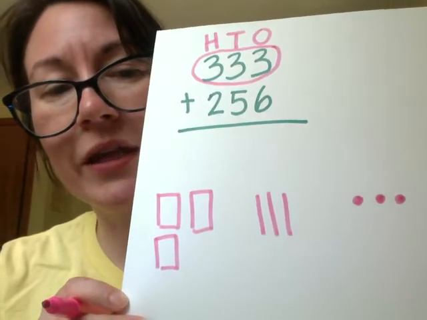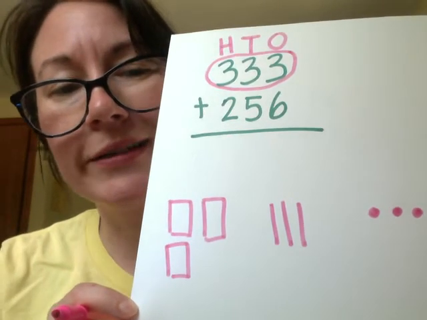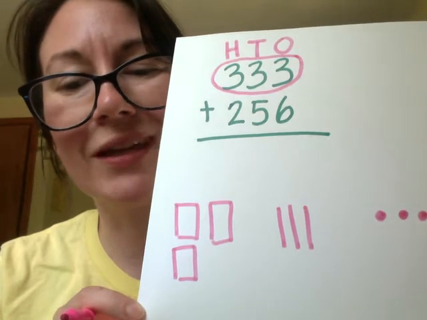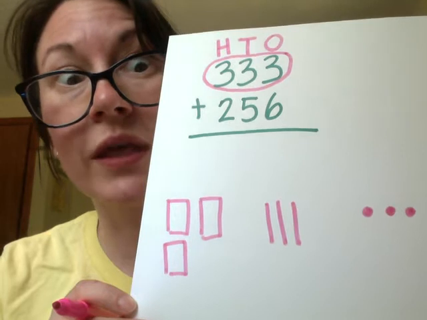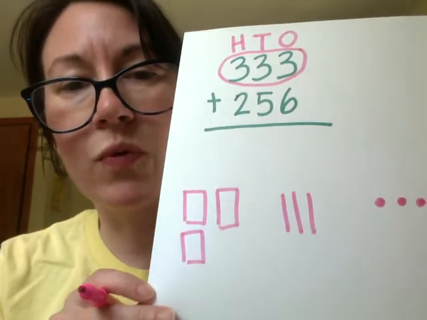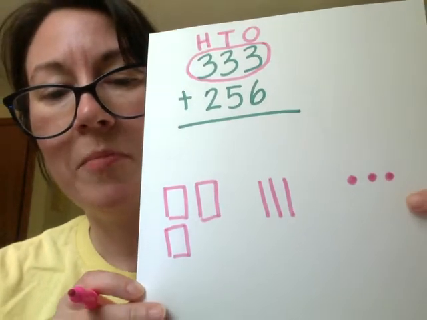All right, step 1, mark my HTO, circle the bigger number. Step 2, make a model. I modeled my bigger number. Step 3, do the math. Let's see, am I adding or subtracting? I'm adding. So am I going to put more on or take some away? Put more on. How many more?